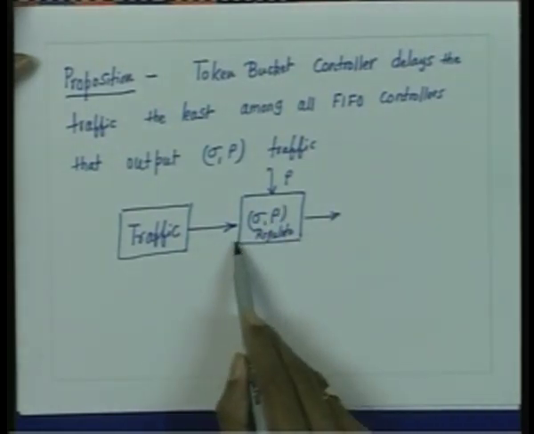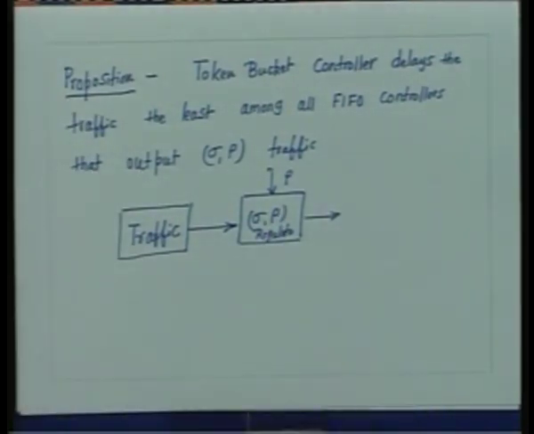Now if a packet comes and finds that there are not enough tokens in the bucket, then the packet has to wait. Very similar to the case we have considered in the ATM network, where a cell has to wait in the cell buffer. So here also the packet has to wait at the packet buffer. What we are trying to claim here is that the token bucket regulator will delay the traffic the least among all FIFO controllers that will output a rho sigma constrained traffic.